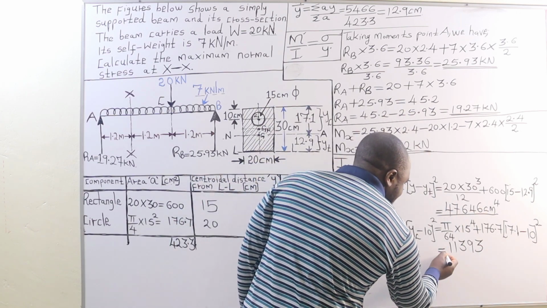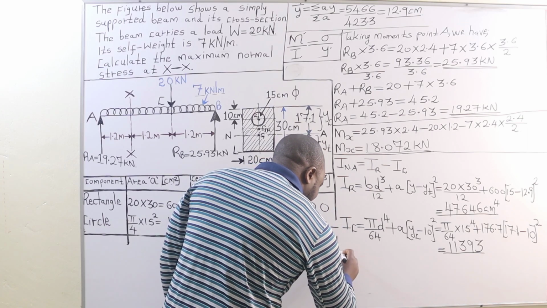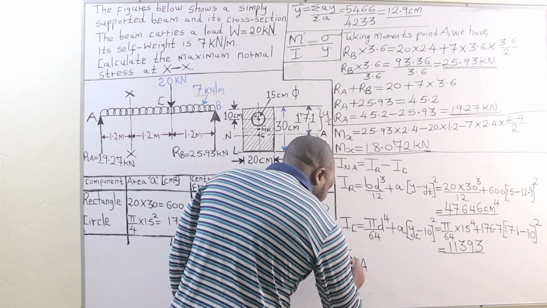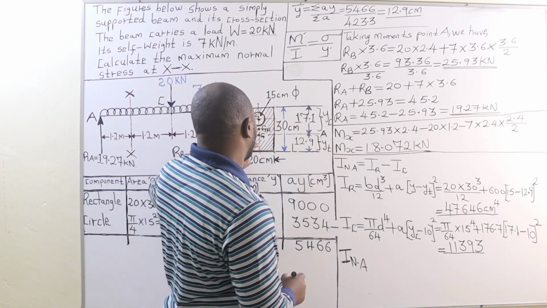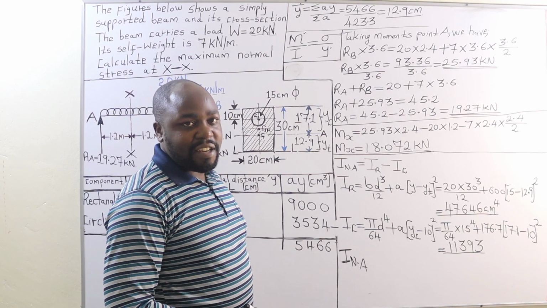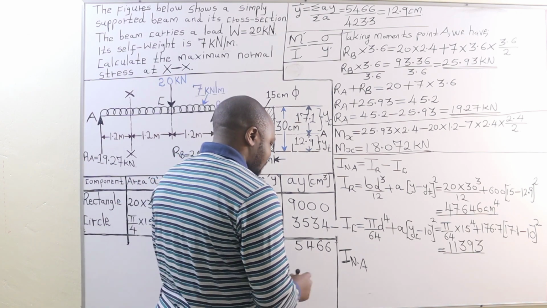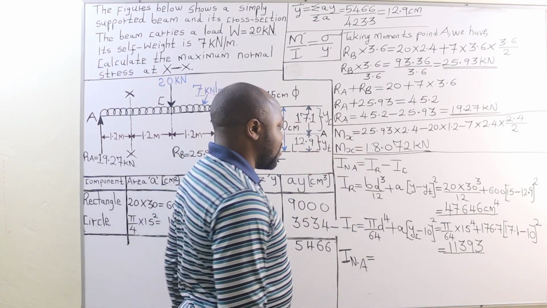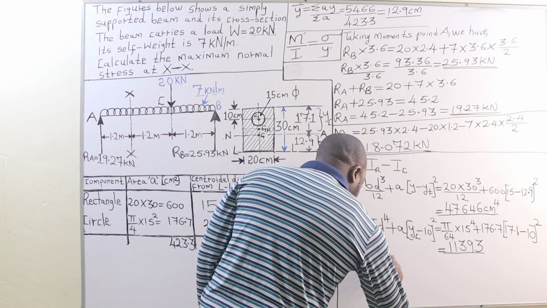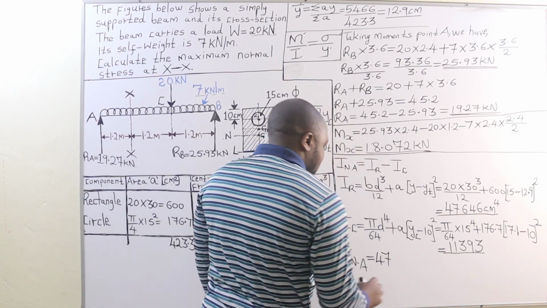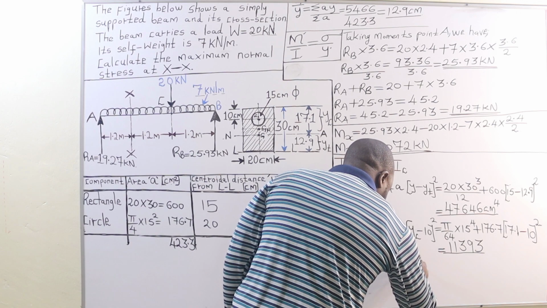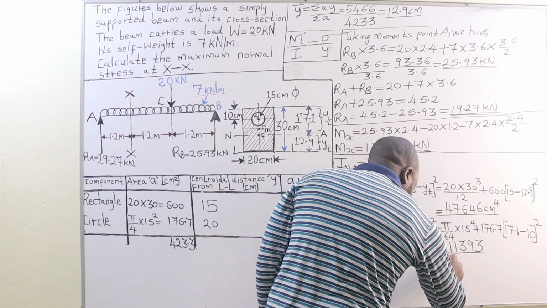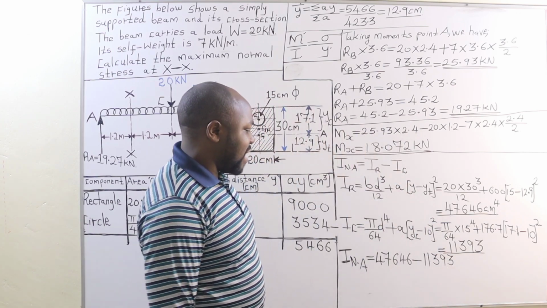So having that, we can now determine the moment of inertia about the neutral axis of this rectangular cross section of the beam, and that's going to be the moment of inertia of the rectangular section, which is 47,646 minus that one for the circle, 11,393.